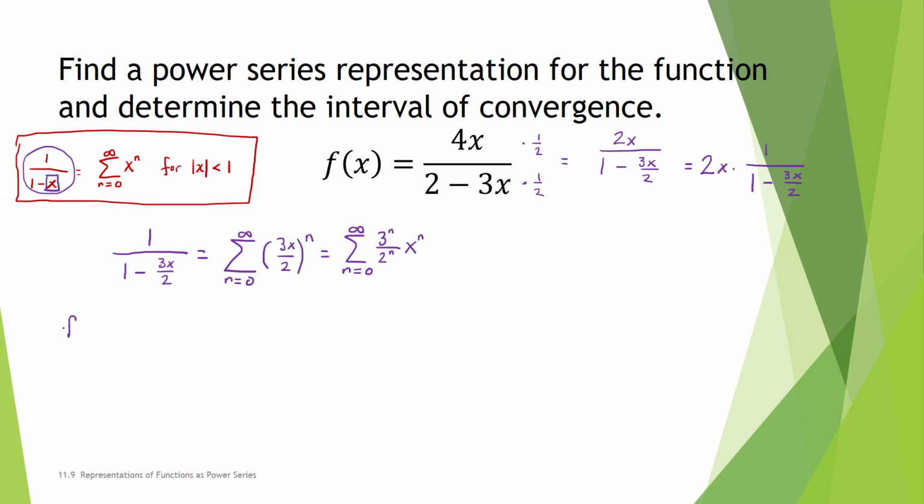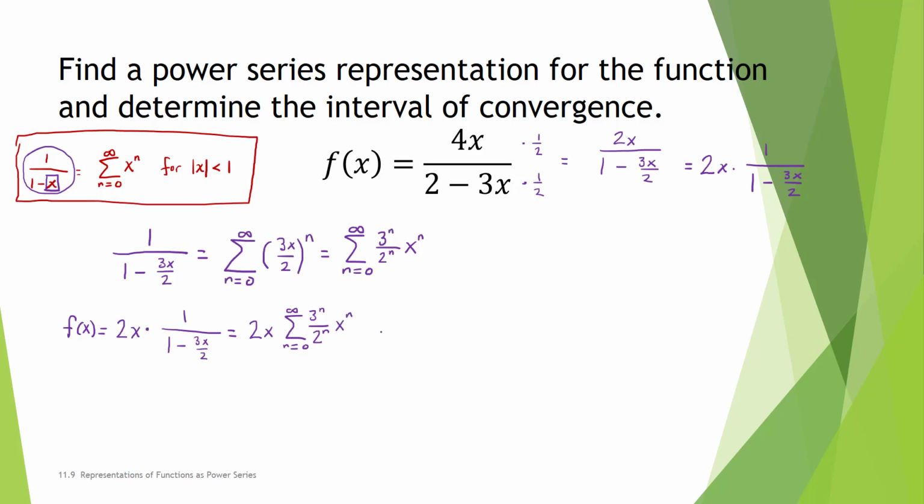And then our function f of x, we know, is 2x times the fraction 1 divided by 1 minus 3x over 2. So in other words, it is 2x times the sum from n equals 0 to infinity of 3 to the n divided by 2 to the n times x to the n.